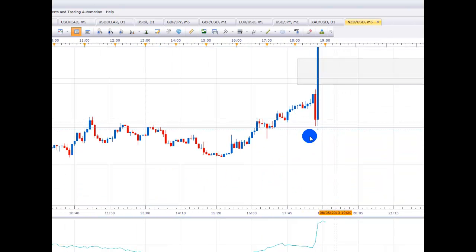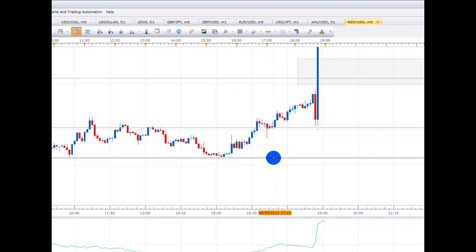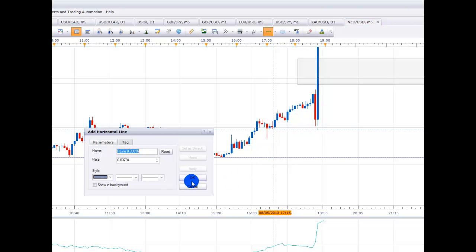But let us say that you wanted to place your stop below these lows, and you expect this to be the 24-hour low. You'd want to place a stop below these lows. Similarly, from these lows, you'd want to add 90 pips. So 0.8379, so 0.8469 is where your target will be.